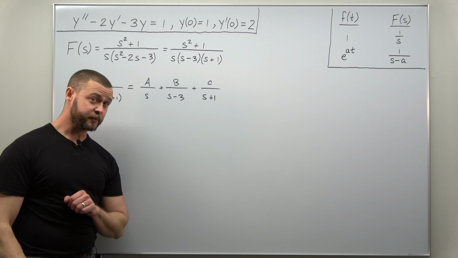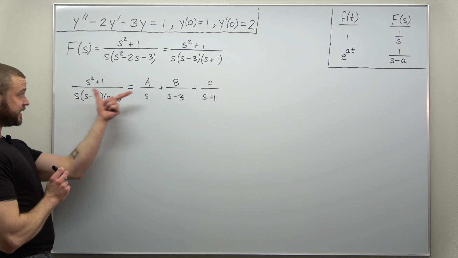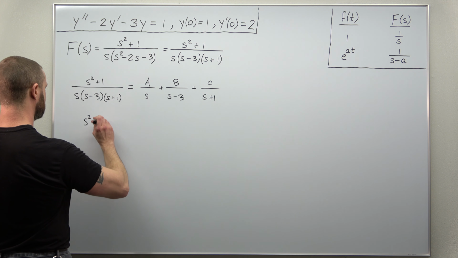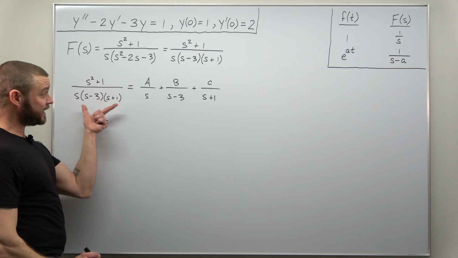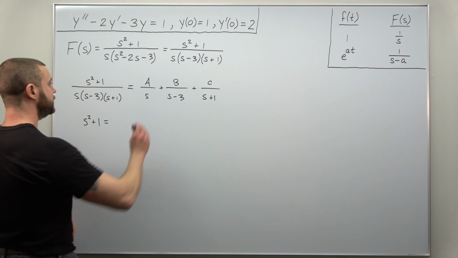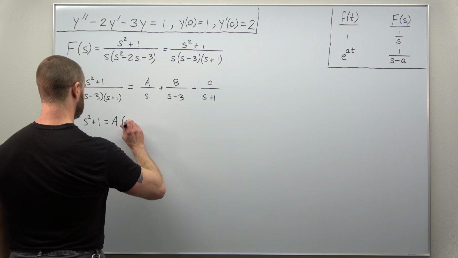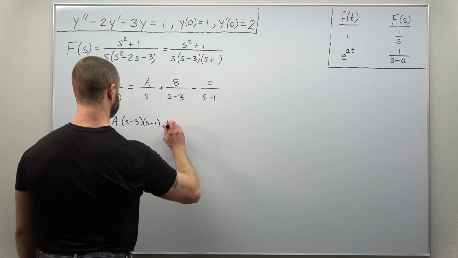All right, you know what to do from here. We're going to clear fractions, multiplying both sides by that LCD. We should get s squared plus 1 on the left side. When you multiply that LCD over here, all your denominators should cancel, leaving you with A times s minus 3 times s plus 1.